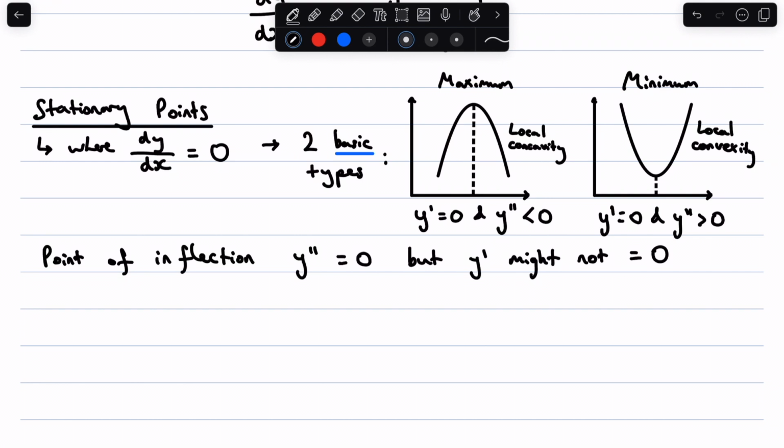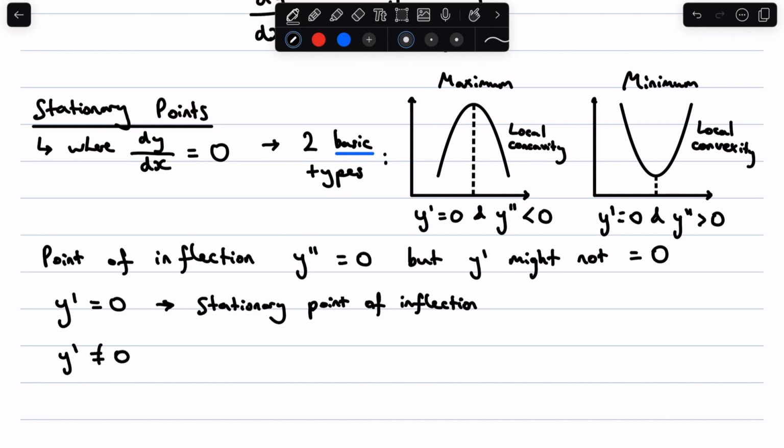This is where y prime equals 0, and this is known as a stationary point of inflection, also known as a saddle point, or an inflection with horizontal tangent, and I'll show you the graph in a second. And then our other case is where y prime doesn't equal 0, and this is a non-stationary point of inflection.